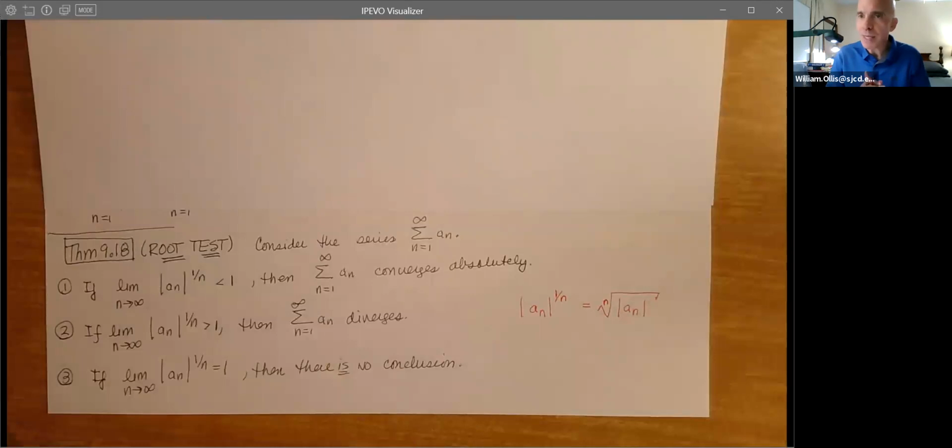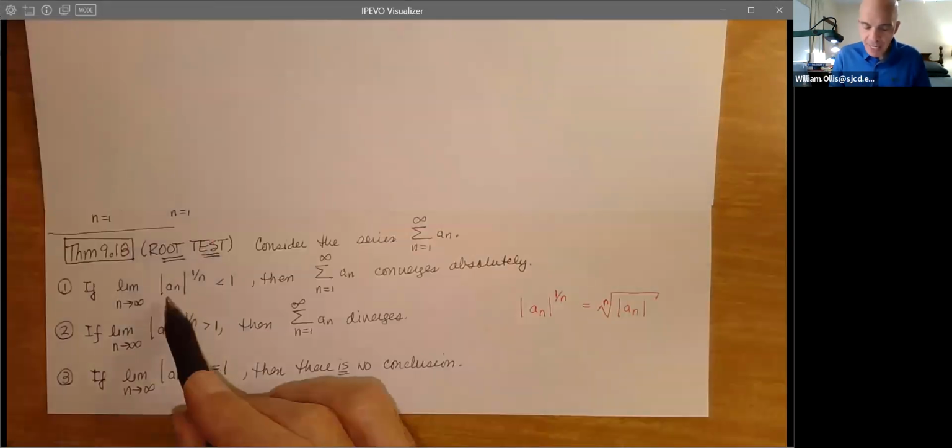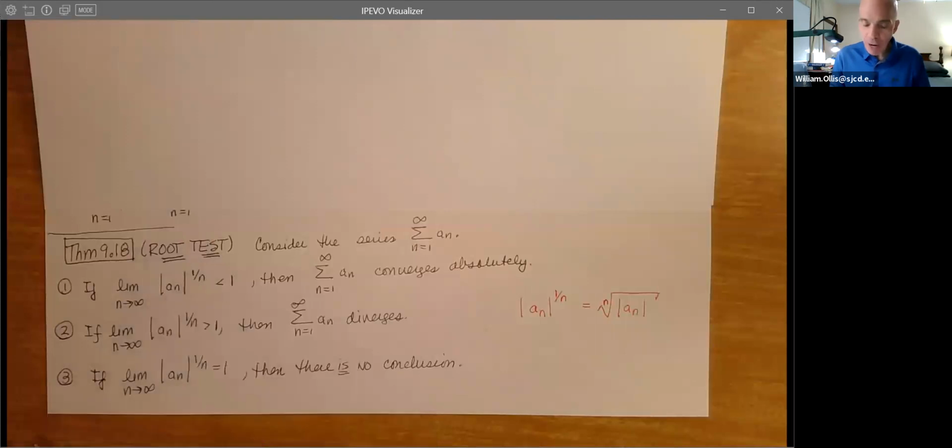And so that would be somewhere where the root test would be more appealing. Now, with the notation set aside, you can see that in this case, the cases are exactly the same. If we take the limit as n tends to infinity of the absolute value of a sub n to the 1 over n power, and it's less than 1, then we get absolute convergence, okay?